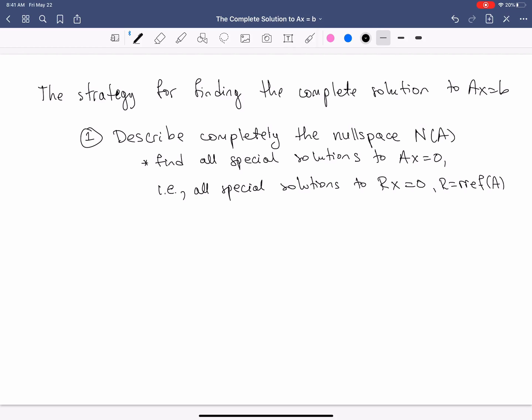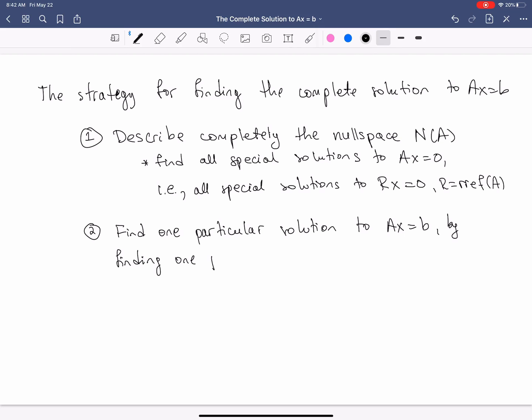And the second step will be to find one particular solution to Ax equals b by finding one particular solution to Rx equals d.